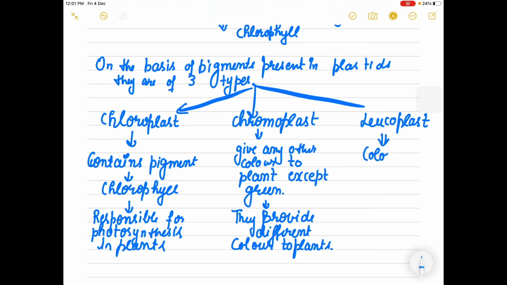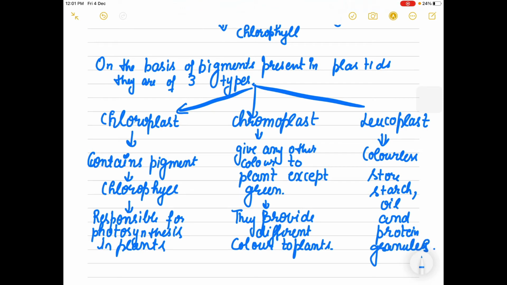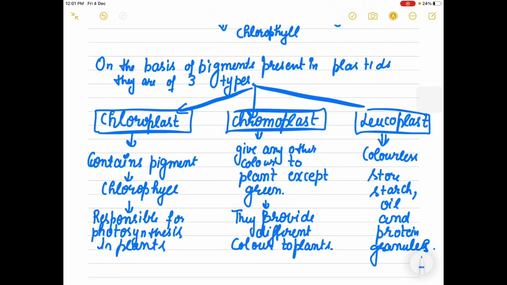Leucoplast is the colorless one, and it stores starch, oil and protein granules. This is the plastid which is colorless. So we have three types of plastid: chloroplast, chromoplast and leucoplast.